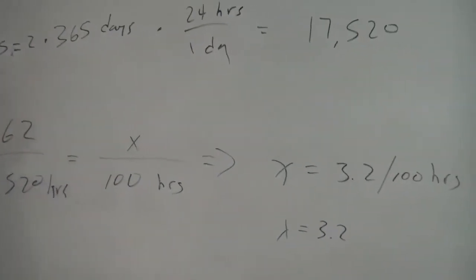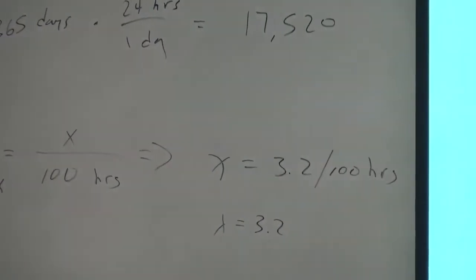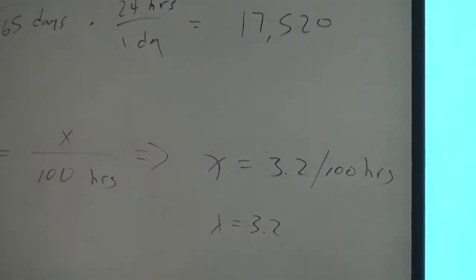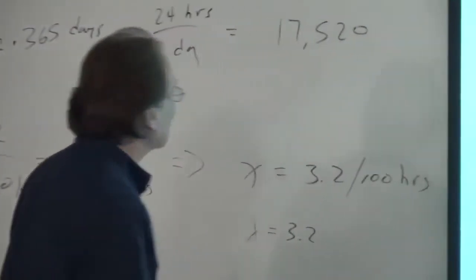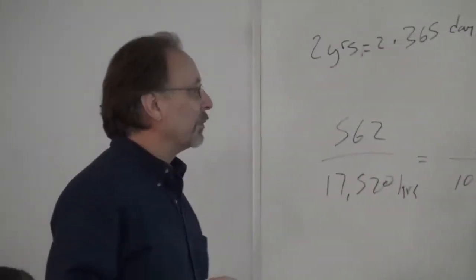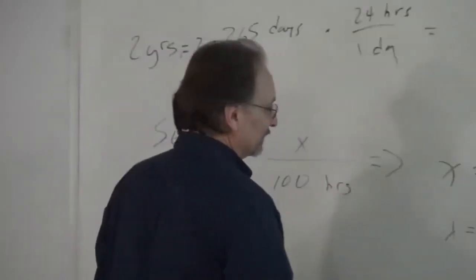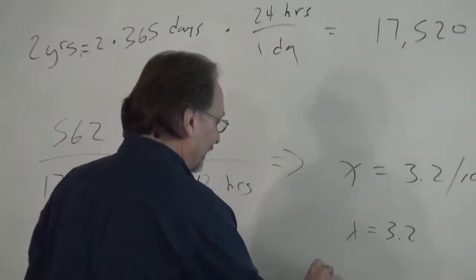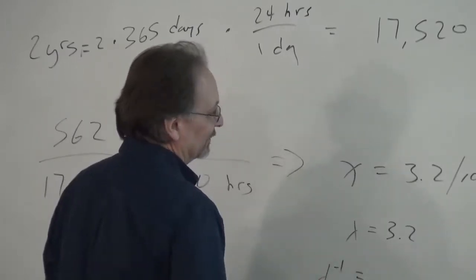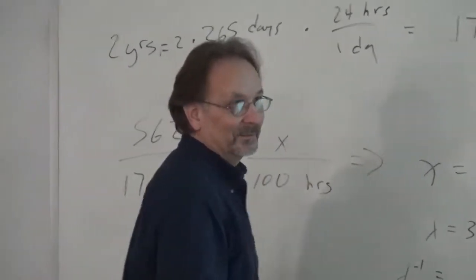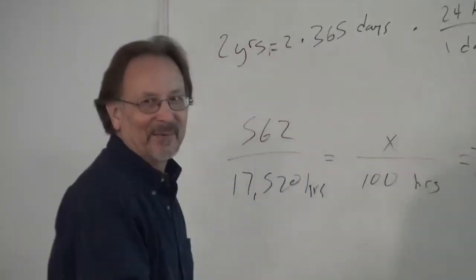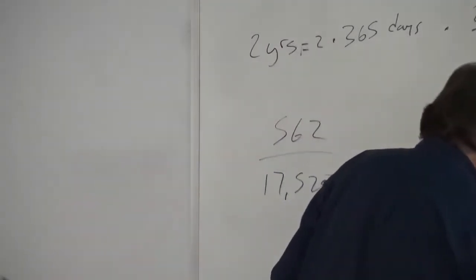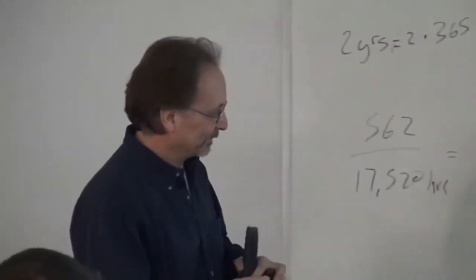If that's my unit of exposure that I'm interested in, 100 hours, then what is 1 over 3.2? It's the reciprocal of lambda, lambda inverse, equals 0.3.